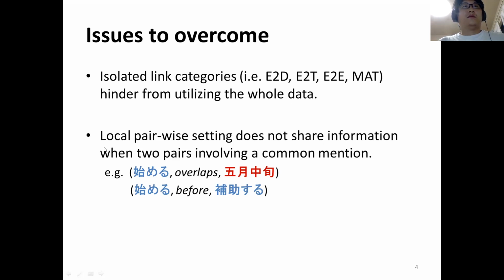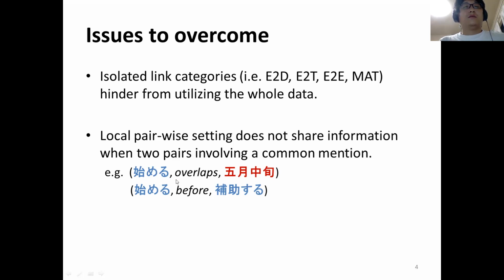So the second issue is the local pairwise setting that does not share information when even two pairs involving are common mentions. We can see an example. The first pair is a relation between the Hachimeru to the gonads.